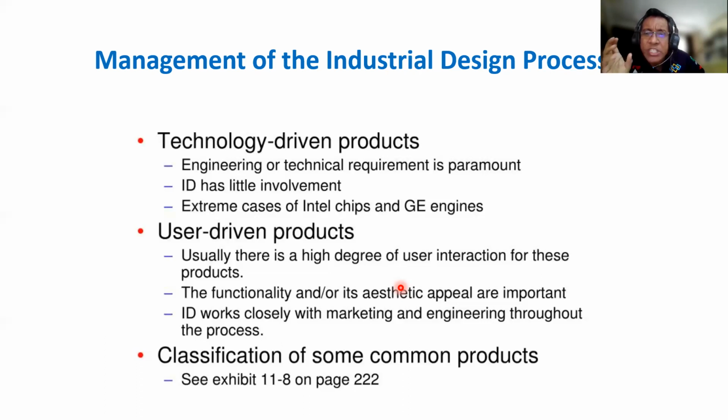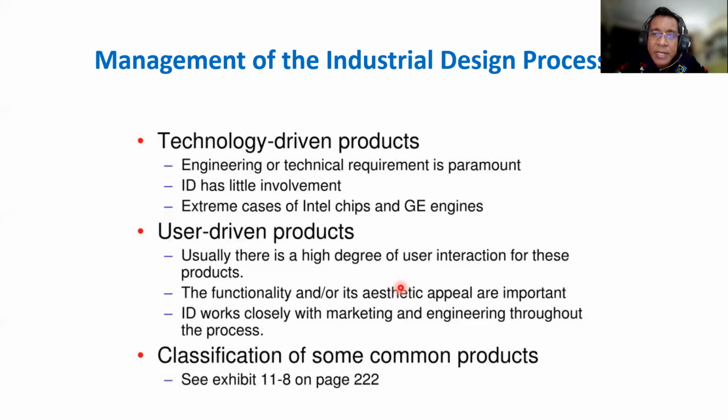So for example, the office chair, because there is a large use. So the office chair is a user-driven product. So why this product may be used? They do not think about technical sophistication, but they need to focus more on the ID, industrial design consideration, more important than technical requirement for the office chair.